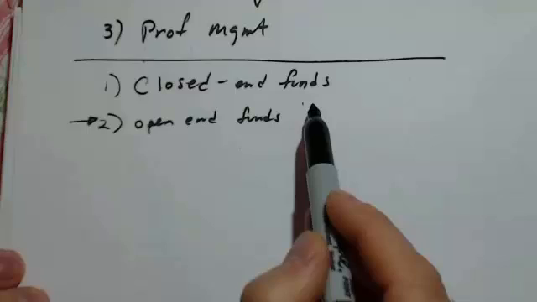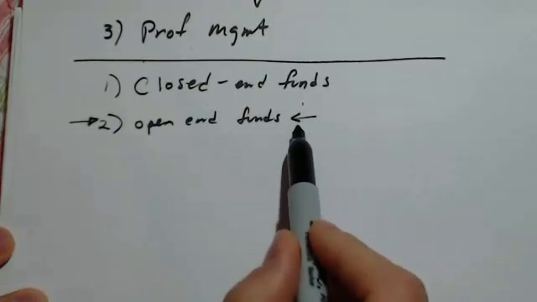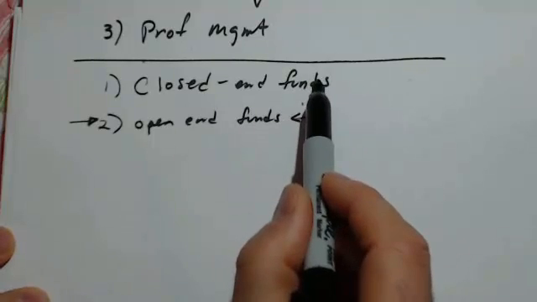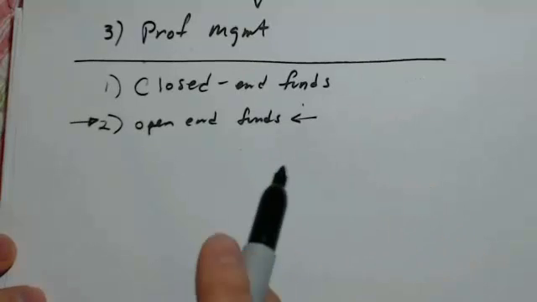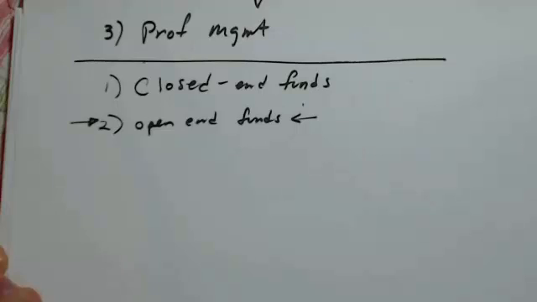But open-ended funds have giant shareholder servicing departments, which drive up their costs a bit. Okay? These closed-end funds don't have that because the shares simply trade on an exchange. They don't have to worry about redemptions in closed funds.